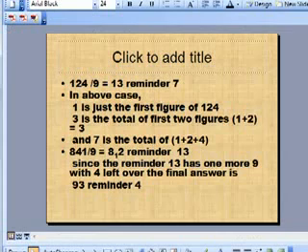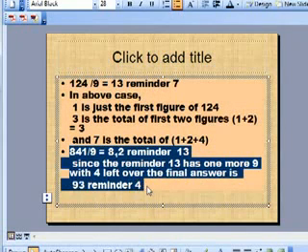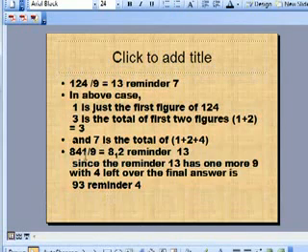Right? Simple. And one more exception here in this rule. Say 841 divided by 9.